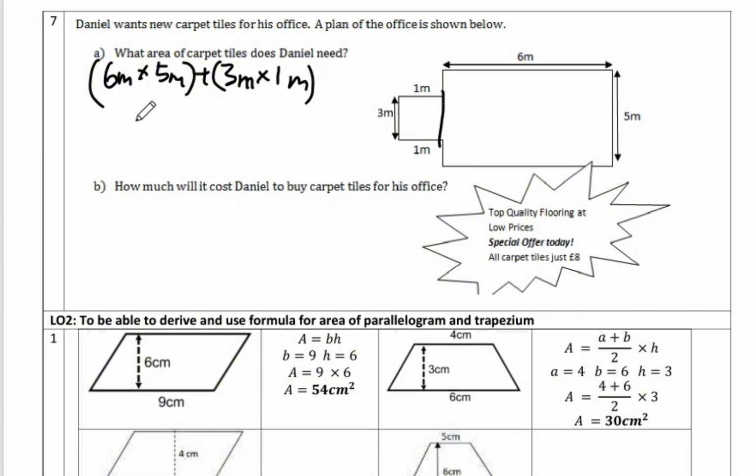So this would equal 30m squared plus 3m squared, which is 33m squared. B. How much will it cost Daniel to buy carpet tiles for his office?